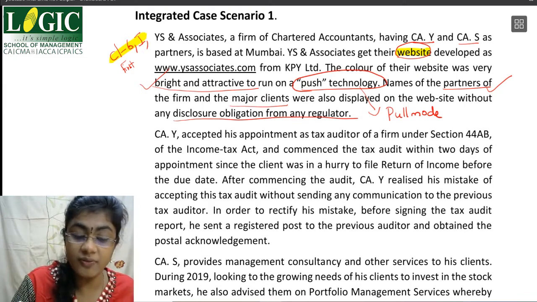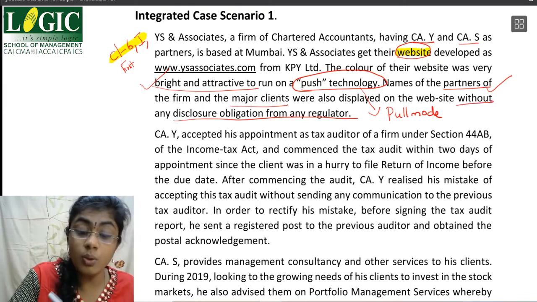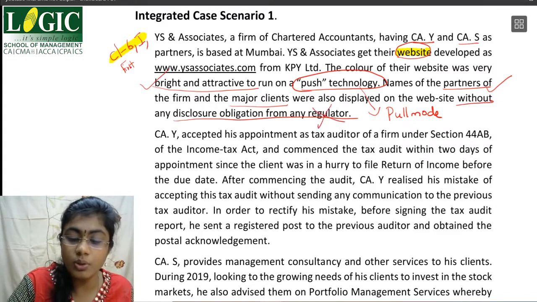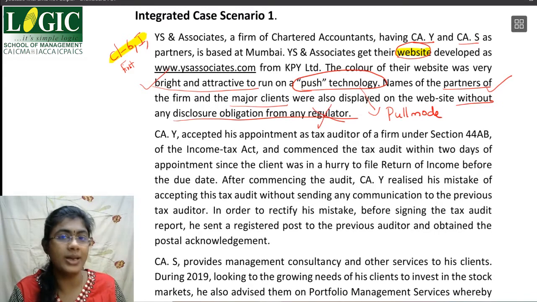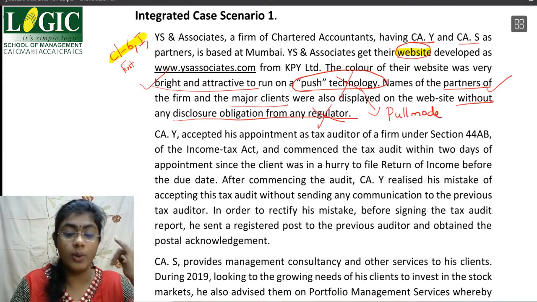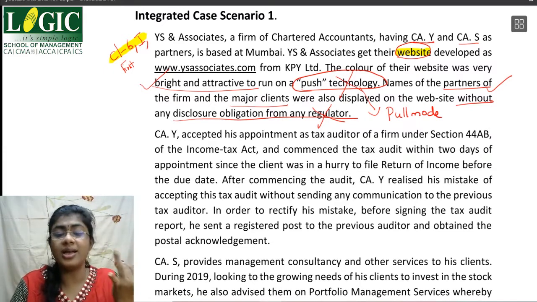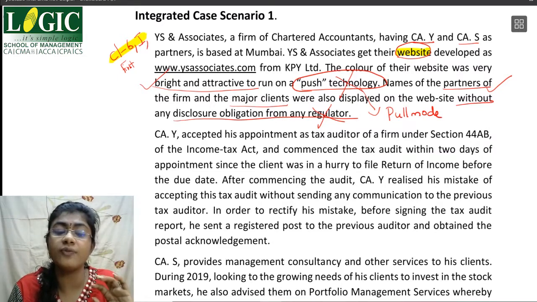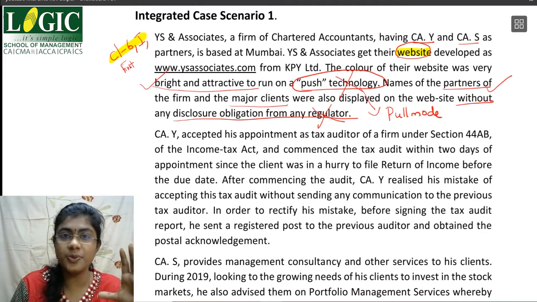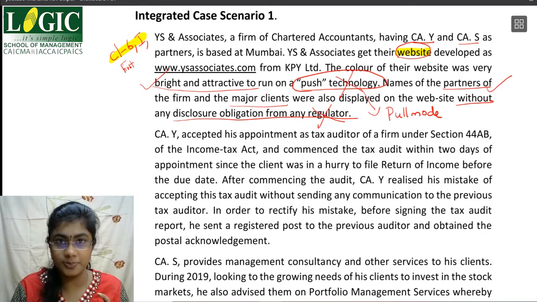Here they specifically say without any disclosure obligation from the regulator. So that is also a violation. So here, 2 violations. One is push technology as well as the disclosure of the major clients. So this is the interpretation we have made from the first paragraph of the case study.